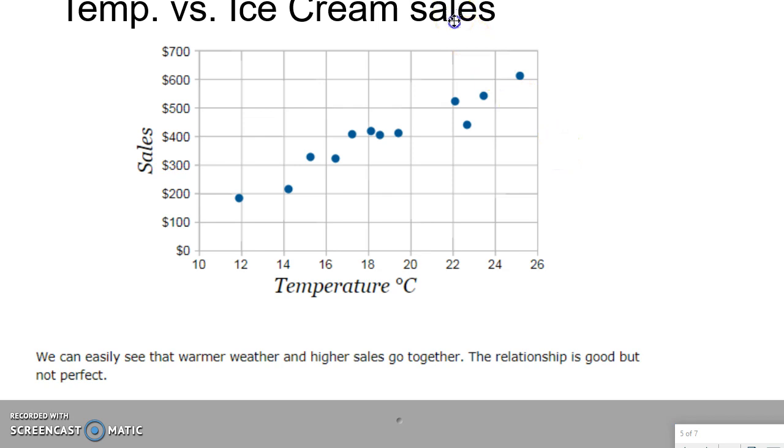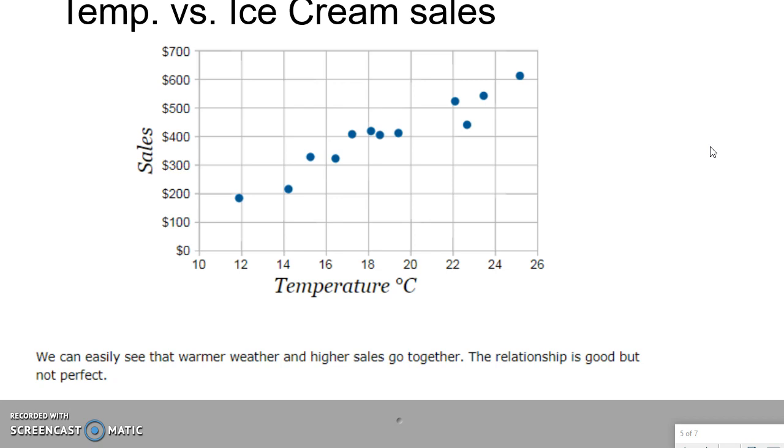Okay, so this graph shows us temperature versus ice cream sales. And we can see as the temperature increases, and this is in Celsius, but it doesn't really matter, so does the amount of ice cream sales. So warmer weather and higher sales go together.